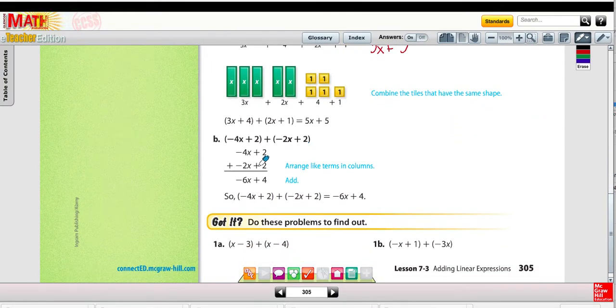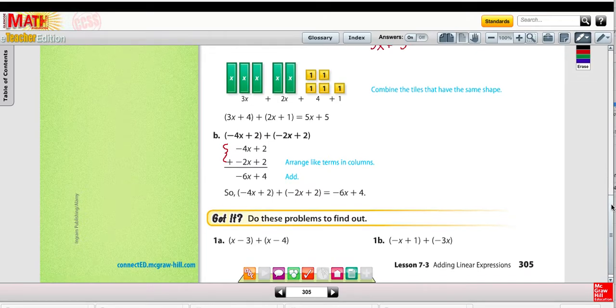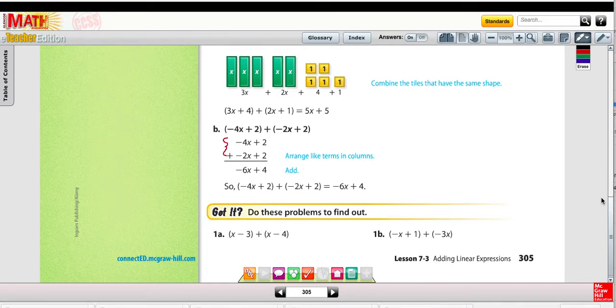You can also write it as an addition problem like this, and if you prefer to do it that way, this is how that method would look, okay? So we're going to take a look at the bottom of page 305, and we have x minus 3 and x minus 4. Again, if you wanted to use those algebra tiles, I could represent 1 tile for that x and 1 tile for that x.